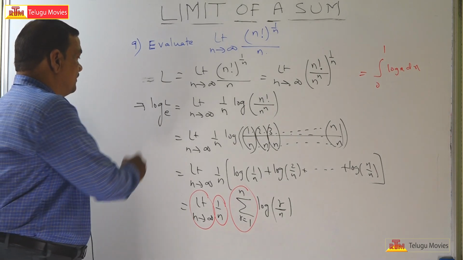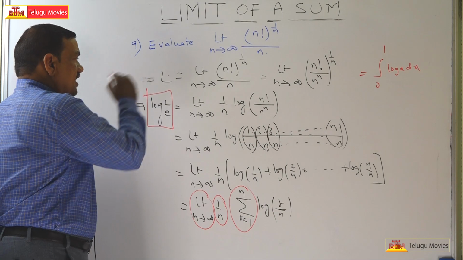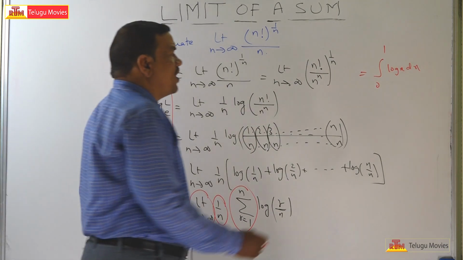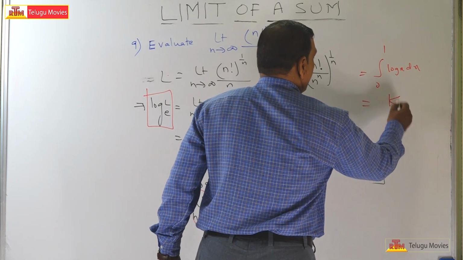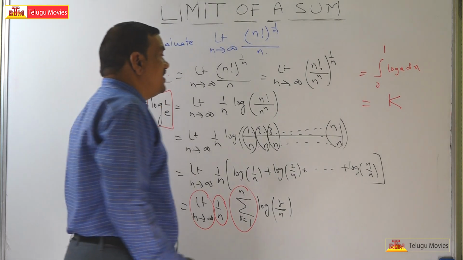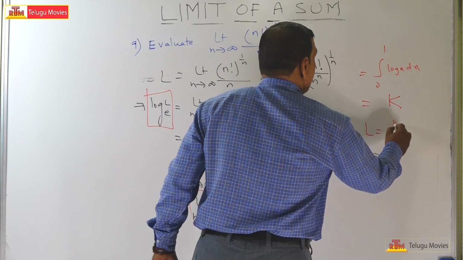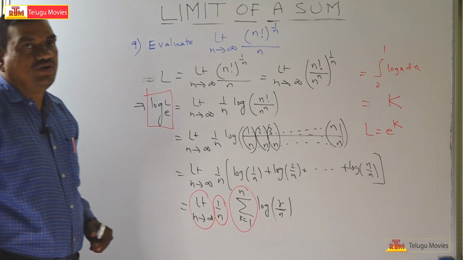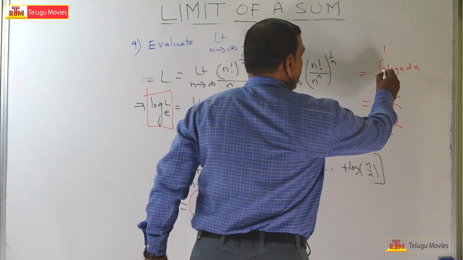But remember that this is not L, this is log L to the base e. For example, whatever may be the value you got, for example, if you got the value k, so your L value is e power k, that is your final answer. Understand? I will explain how to find out the integral of log x. So we have to put it as a 1.